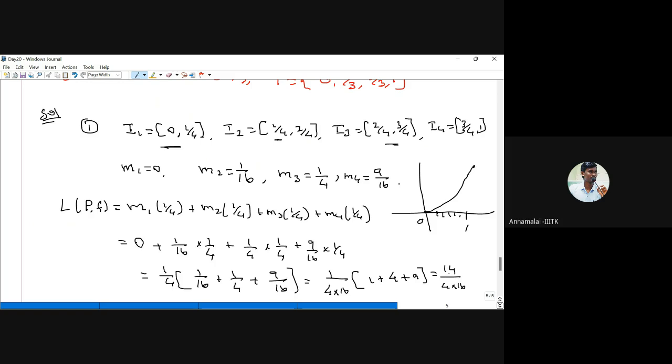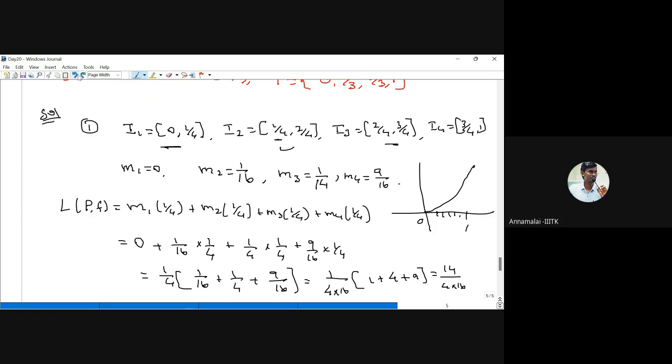Correct? Or did I make any mistake? Oh, sorry. Correct, 1 by 4, right? What is m2? This is 1 by 16, right? Because 1 by 4 square. So 2 by 4 is 1 by 2 only, sir.